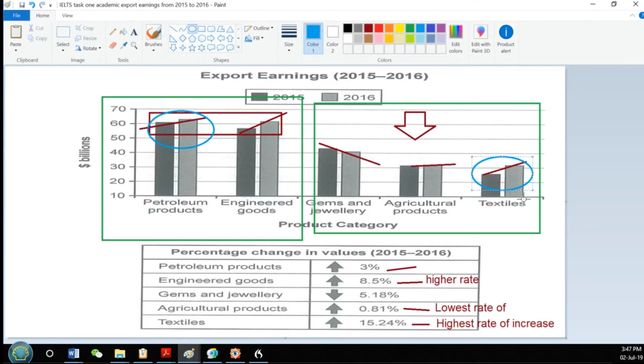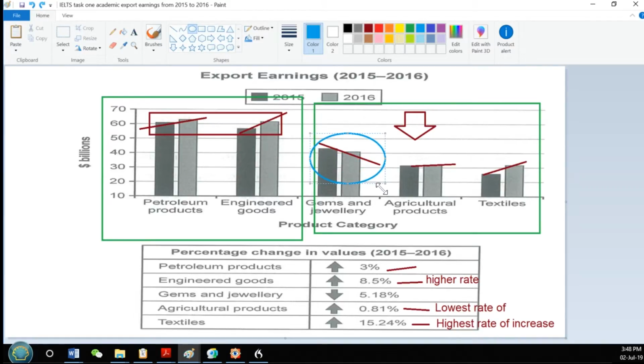I would probably use that as my overall summary if I instead had decided to go by year, then I might be looking to talk about the highest and lowest. So I'm going to mention all of the categories increased except for one, which decreased.